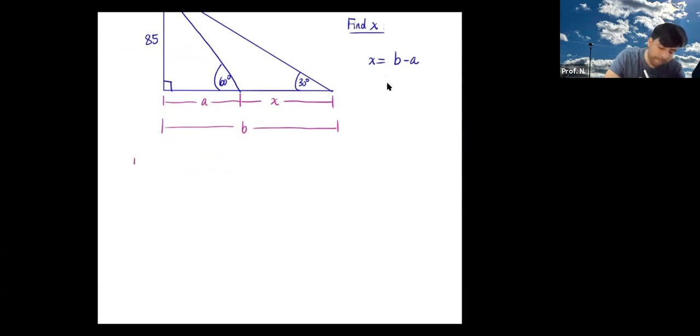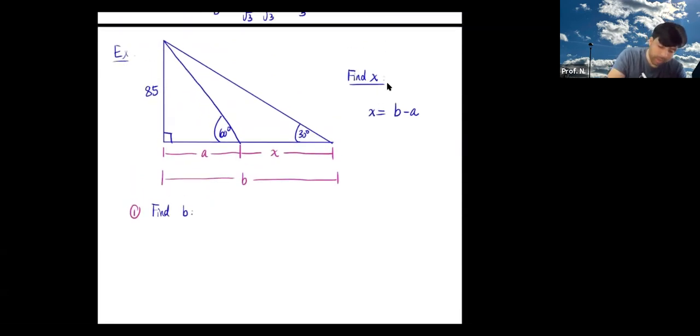So let's find B first. So what is B? Look at the big triangle. Again, we get that tangent of 30 degrees is equal to 85 over B, because that's the opposite over the adjacent side. Find what B is, multiply by B on both sides.